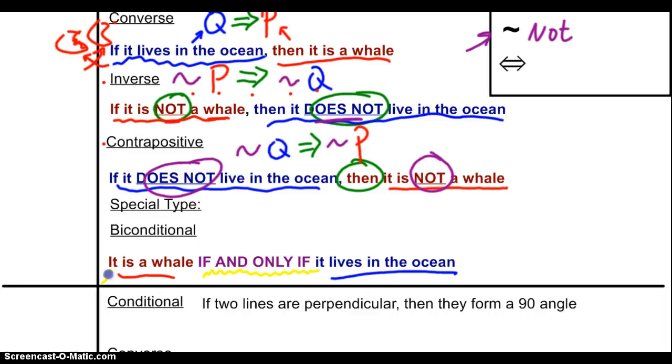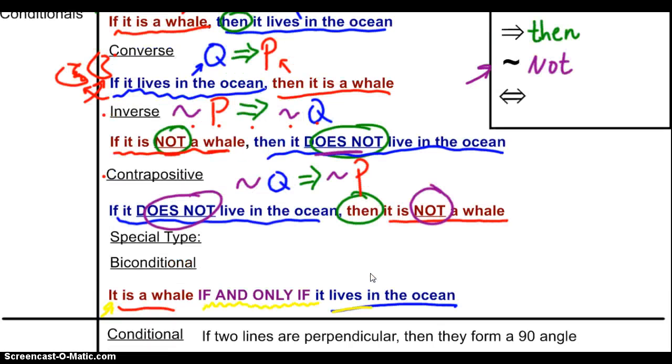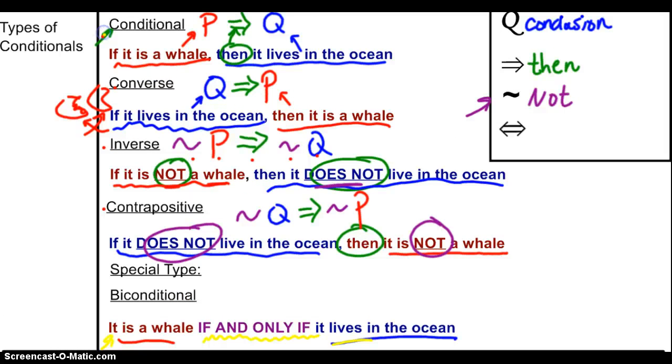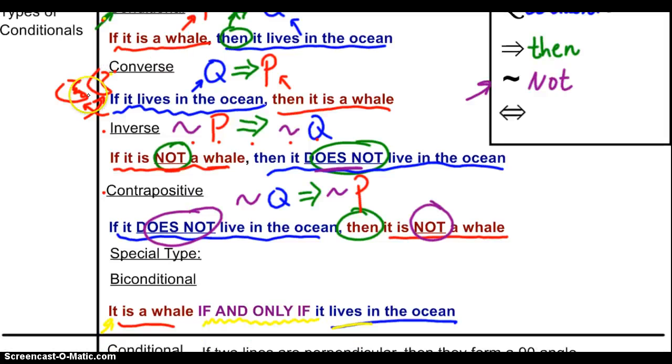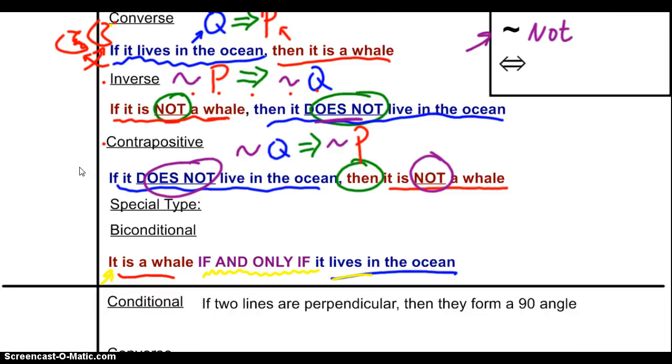It is a whale if it lives in the ocean, but also this goes backwards: if it lives in the ocean, it is a whale. So a biconditional combines our regular conditional and our converse into one phrase that goes in both directions. I'll talk about biconditionals a little more in class, but for now, this is how we write out the shorthand for a biconditional.